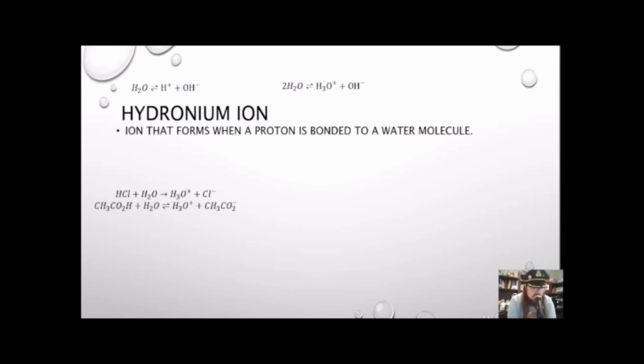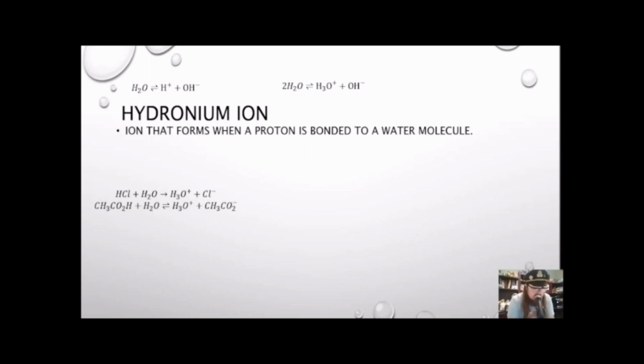Now, this is an equilibrium dynamic process, so it's going to be constantly shifting and trying to get to a point where the reaction is going the same speed forward as the same speed back. And we're going to have a certain quantity of hydronium and hydroxide as well as water in there. This ionization and recombination is always going on at the same time. That's why we don't drink water and then get burned by acid and base, because it is constantly combining back together to form water.